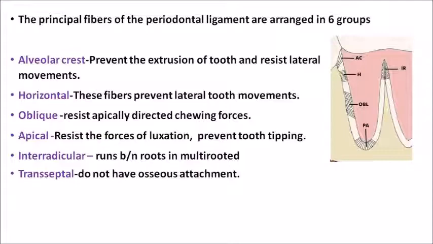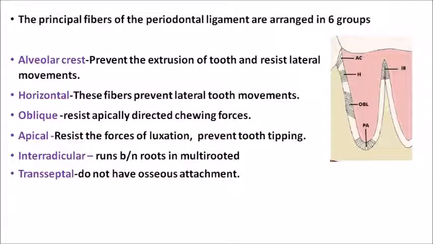Next, the apical portion of the root is connected to the bone by apical fibers. This resists the forces of flexion and prevents the tooth tipping. Next is interradicular fibers. Consider a multi-rooted tooth. In between the two roots or in between the three roots of the tooth, these fibers are interradicular.